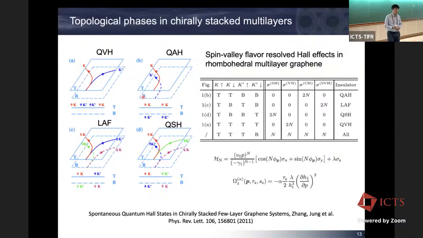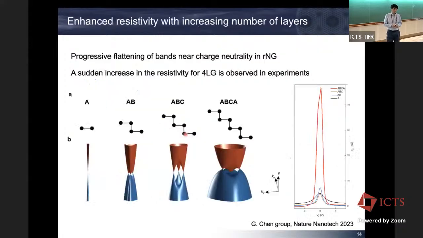Nevertheless, the Hall effect can be completely different depending on how we break the symmetry of the system. So these are the different topological phases that we can expect in rhombohedral-stacked multilayer graphene, including bilayer graphene.